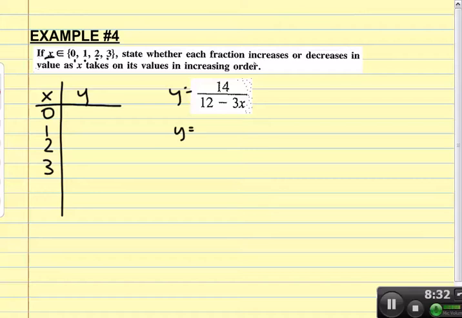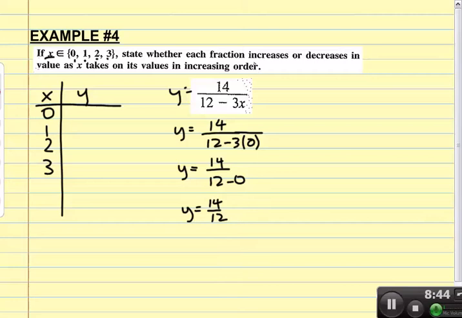So y is equal to 14 over 12 minus 3 times 0. Y is equal to 14 over 12 minus 0. Y is equal to 14 over 12. Y is equal to 7 over 6. Okay.